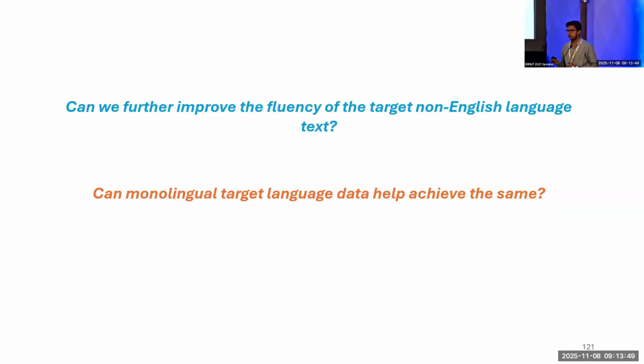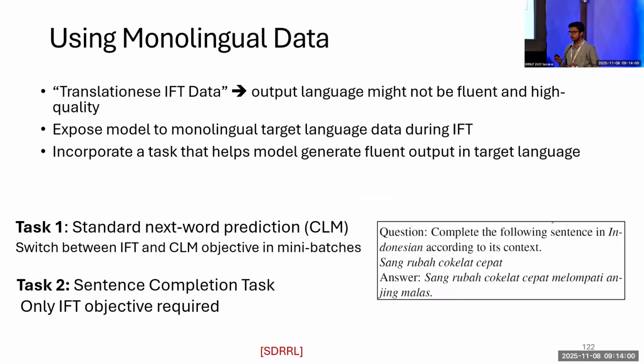Next, can we further improve the fluency of the target non-English language text? And can monolingual target language data help achieve the same? So using monolingual data, the main motivation is that we would want to improve the fluency of generation in the target language. So what we would do is expose a model to monolingual target language data during the instruction fine-tuning stage, incorporate a task that helps the model generate more fluent output in the target language.